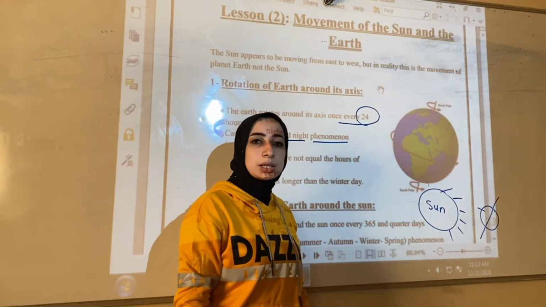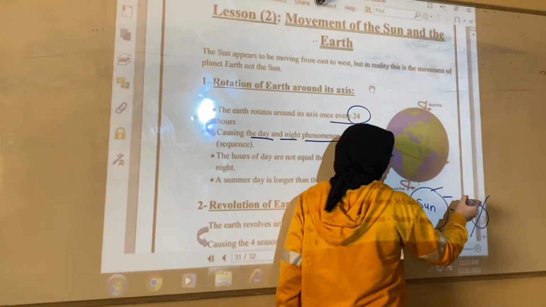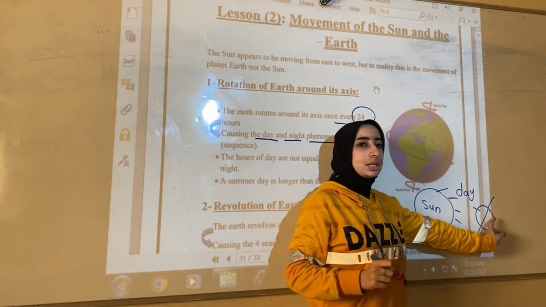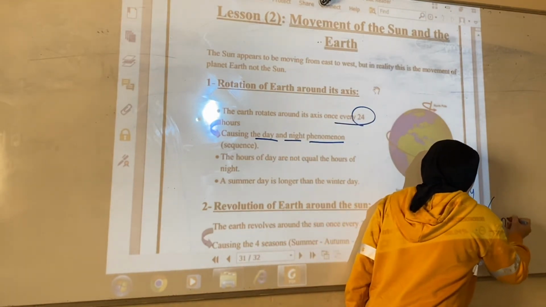Day or night? This part that is facing the sun has day. What about the part that is farther from the sun? Will have night.